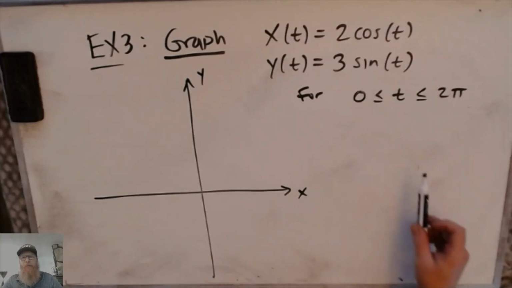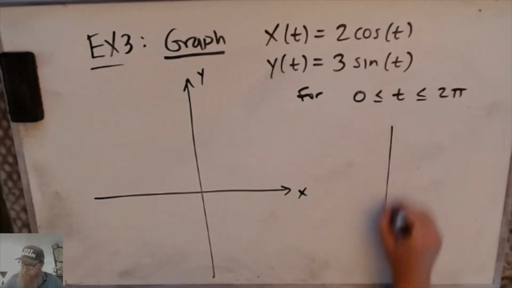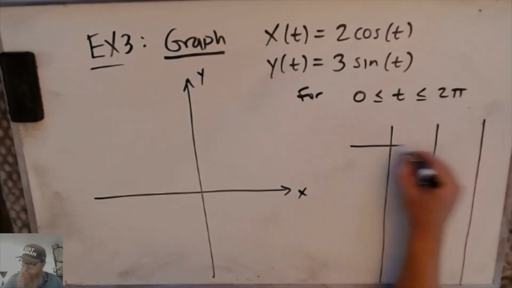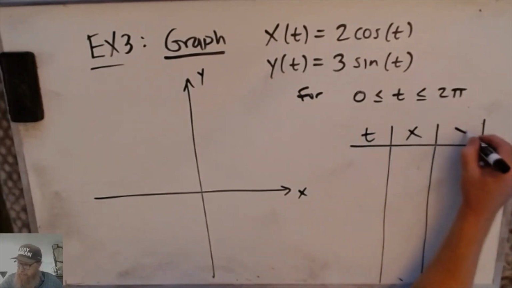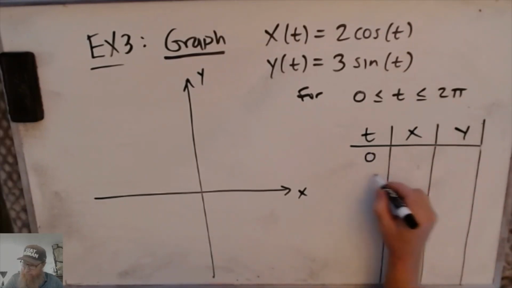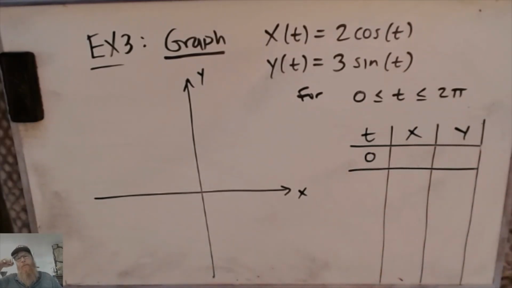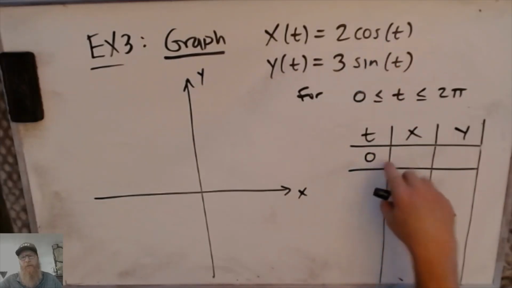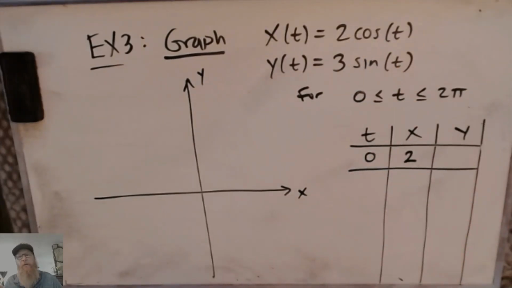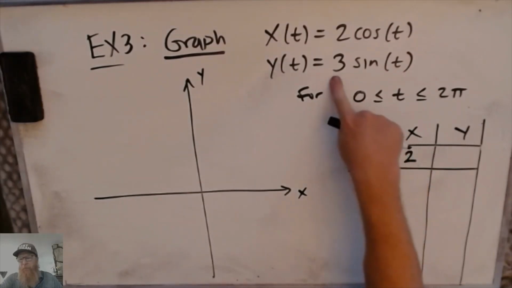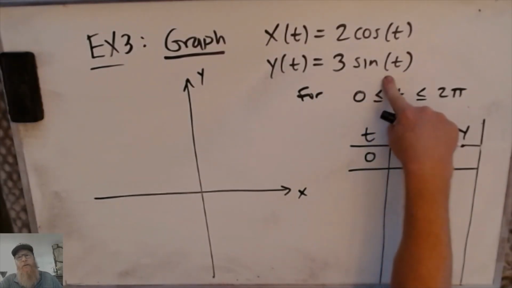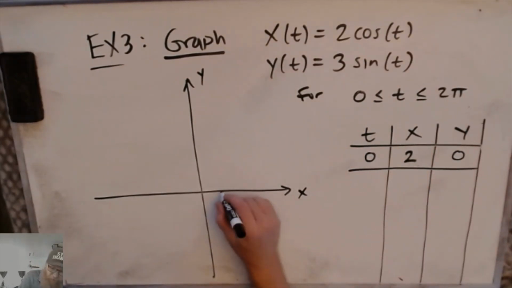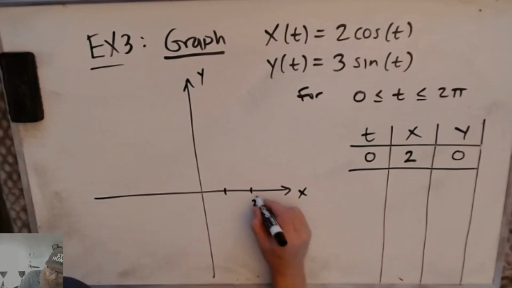You could do this with mental math, or you could sort of make a chart: you have t, you have x, and you have y. All right. So 2 cosine of 0. That'll just be 2. 3 sine of 0. That'll be 0. So our graph starts at 2, 0.